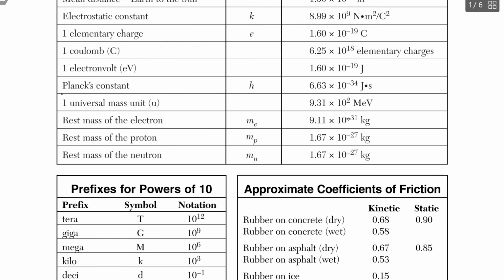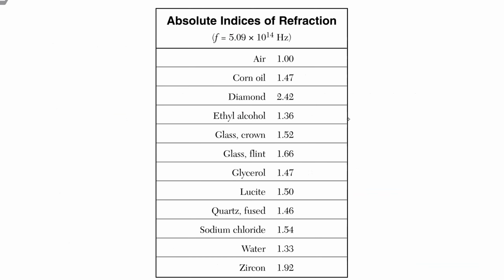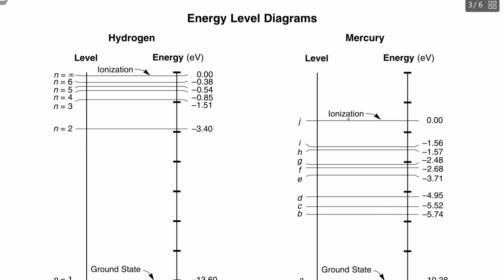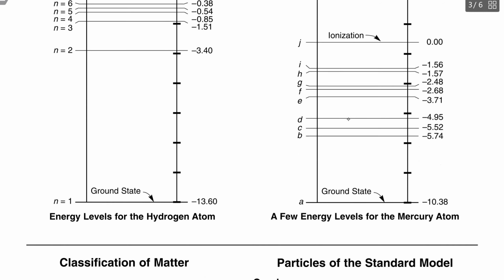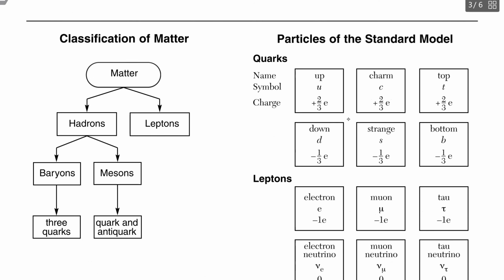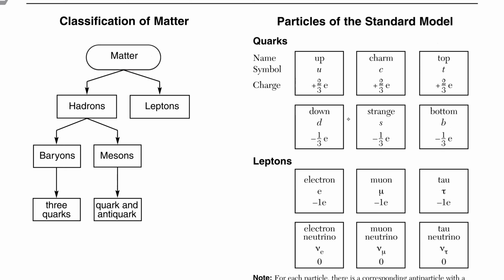So, yep, that's on the first page. That's good to know. Unit 15 was all of this stuff. And then this is going to be 16.2. We're going to do the energy level diagrams for hydrogen and mercury. But for now, we're on page 3, and we're going to be talking about the classification of matter.